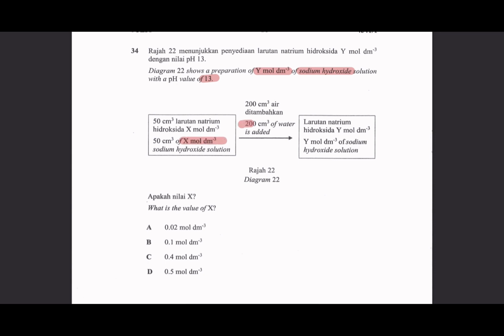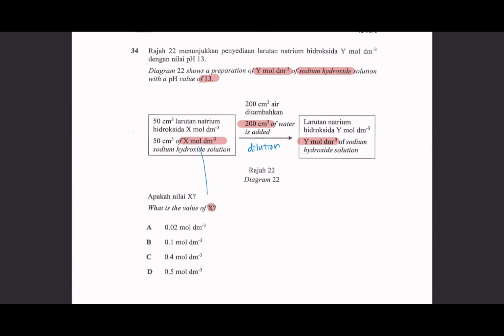After we add in the water, it's a dilution. We dilute the concentrated alkaline from X molarity to become Y molarity. So X is more concentrated. The question: what is the value of X?